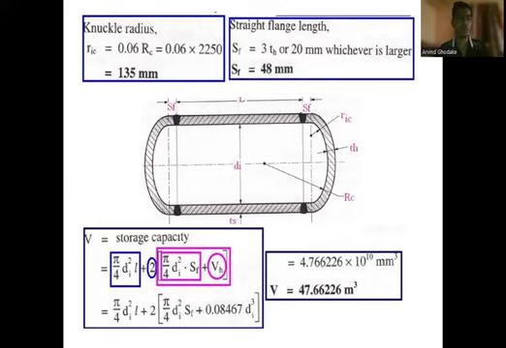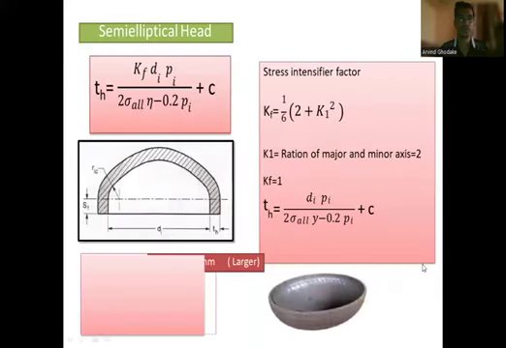By putting in all the values, we will get the volume storage capacity of the pressure vessel equal to 47.66 meter cube.